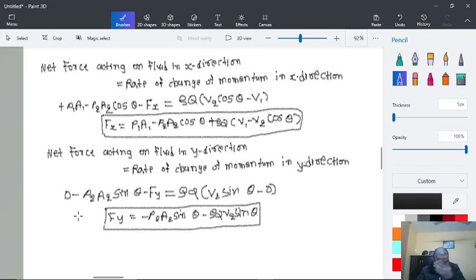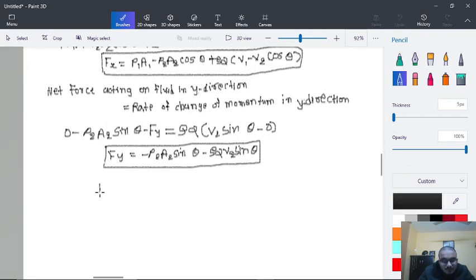As far as the resultant force is concerned, Fr is equal to the square root of Fx squared plus Fy squared.